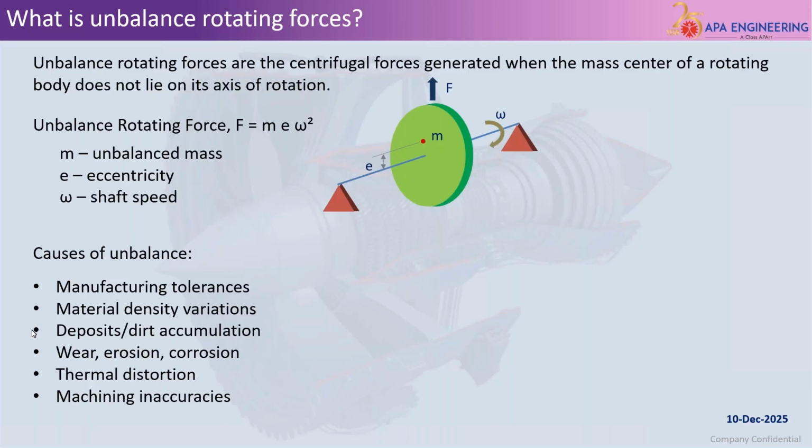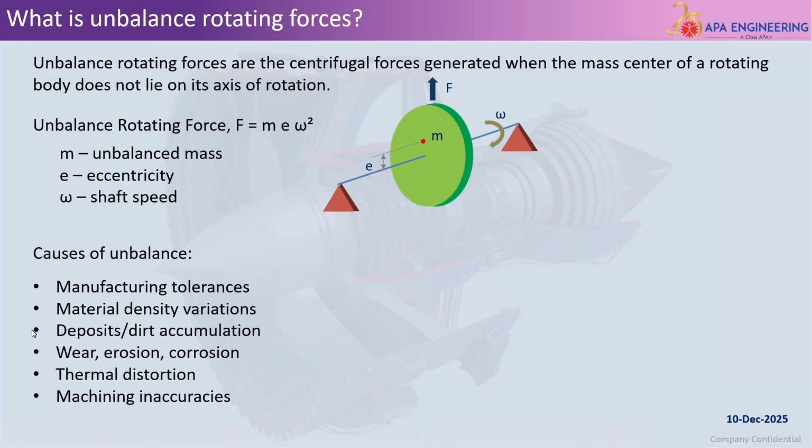Our goal will be to control this vibration through rotordynamics study, so as to ensure reliability and safety during the machine's operation. The unbalanced rotating force can be given by the equation shown here: mass times eccentricity times the angular speed, the rotation velocity, squared.